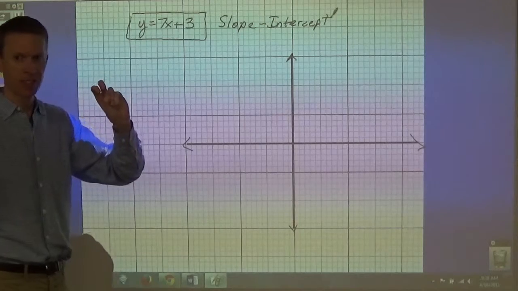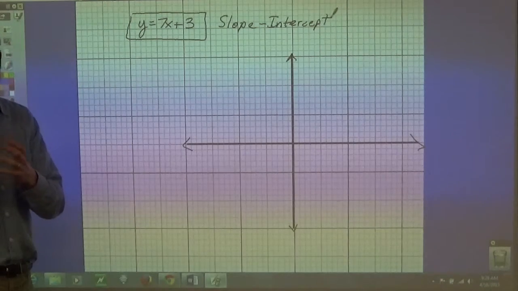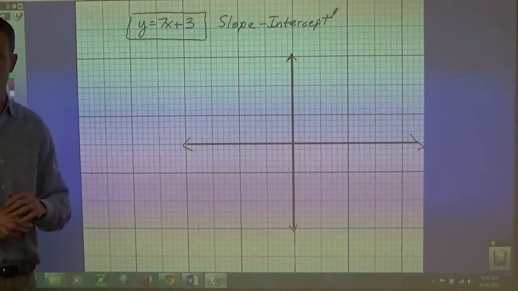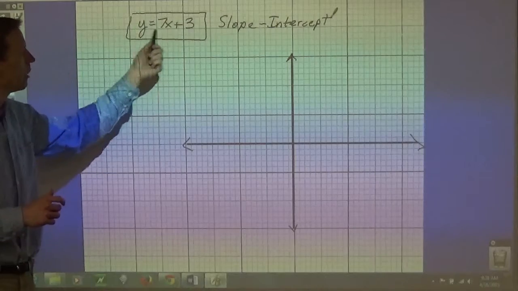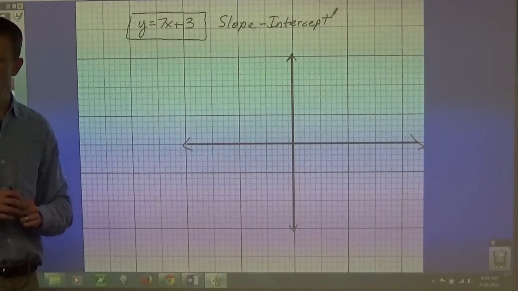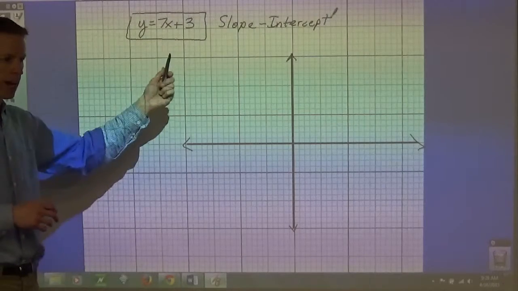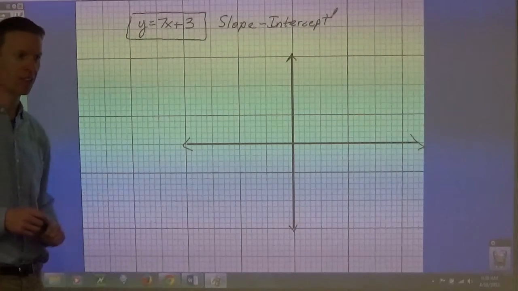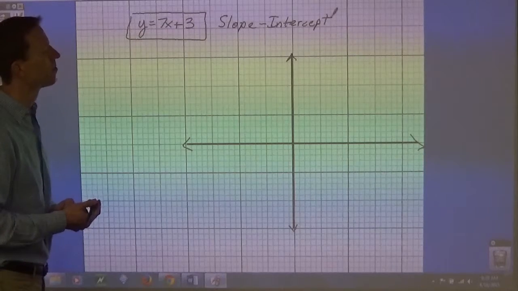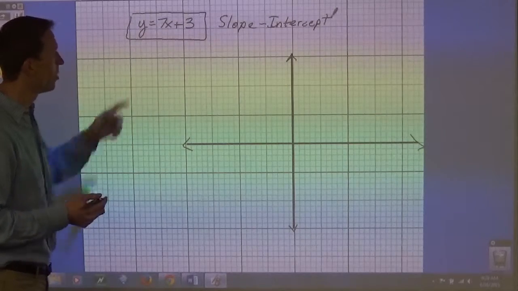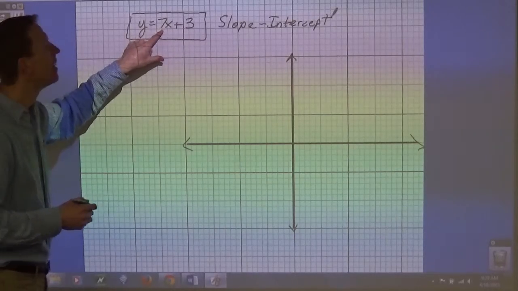Okay? Then you'll have to be able to find the slope and the y-intercept in the equation. You'll have to identify the slope and the y-intercept in the equation like this. How would you do that? Are the slope and the y-intercept in the equation? Chase? Well, the coefficient of x. Good. The coefficient of x is m.